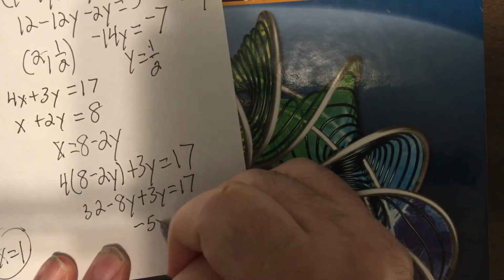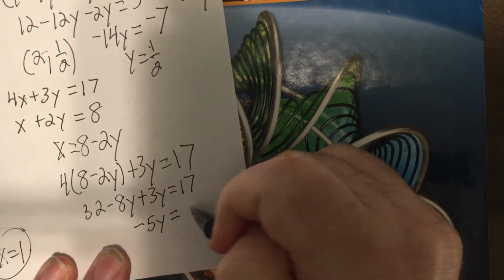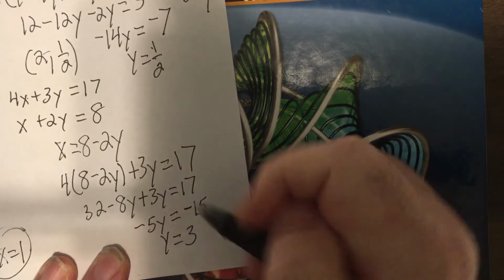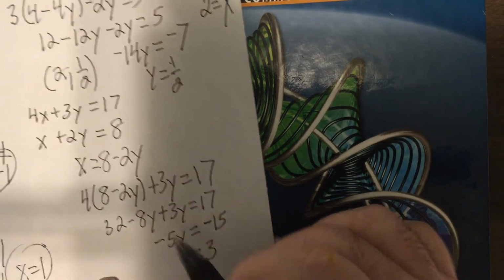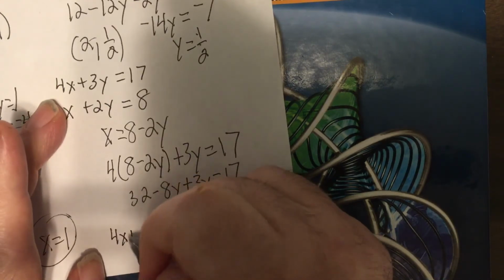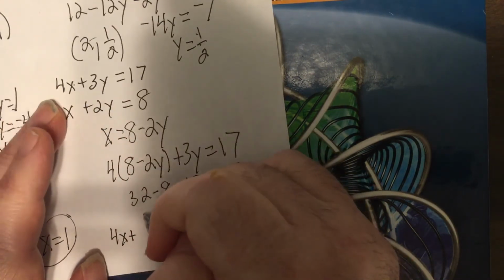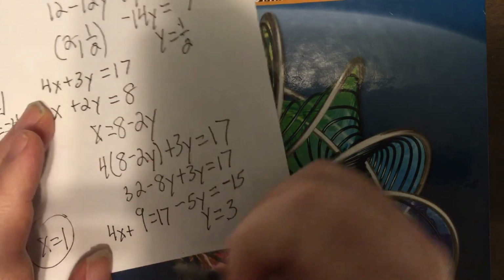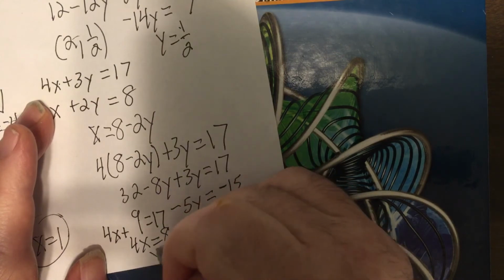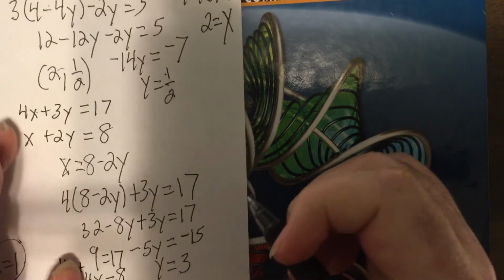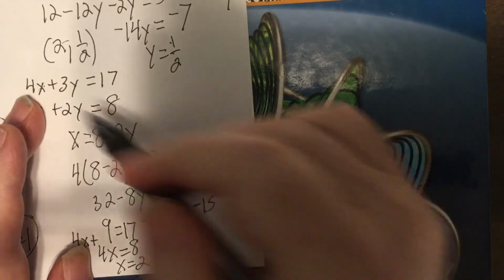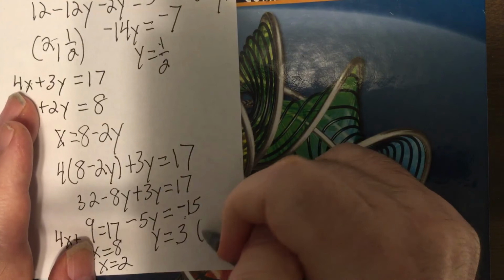So minus 5y, subtract the 32, equals negative 15. So y equals 3. When I divide by negative 5, put 3 back in for y. 4x plus 3 times 3 is 9, equals 17. 4x subtract 9 equals 8, so x equals 2. Whoa! Then when I put 2 in for x and 3 in for y, I get the right answer.